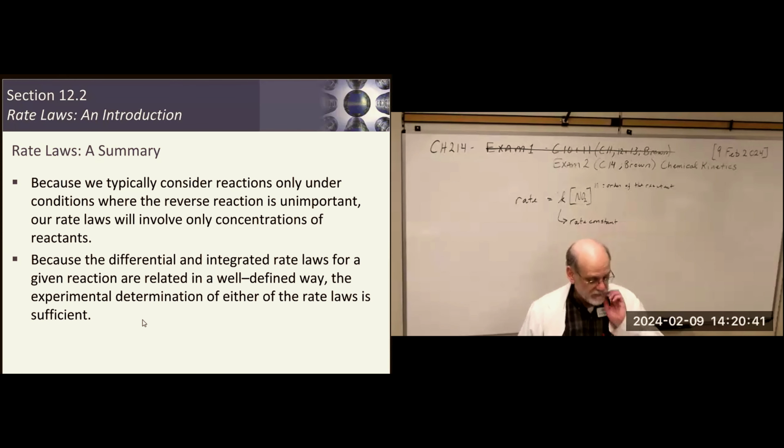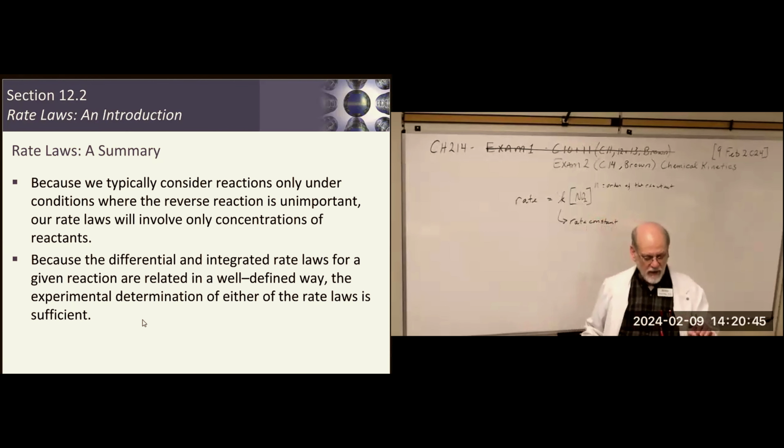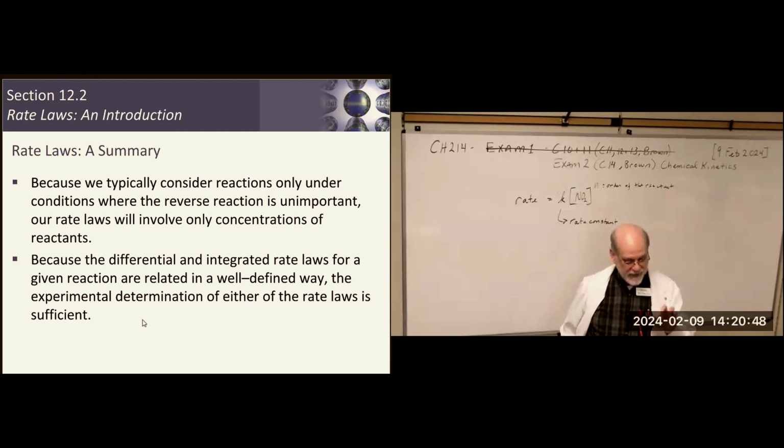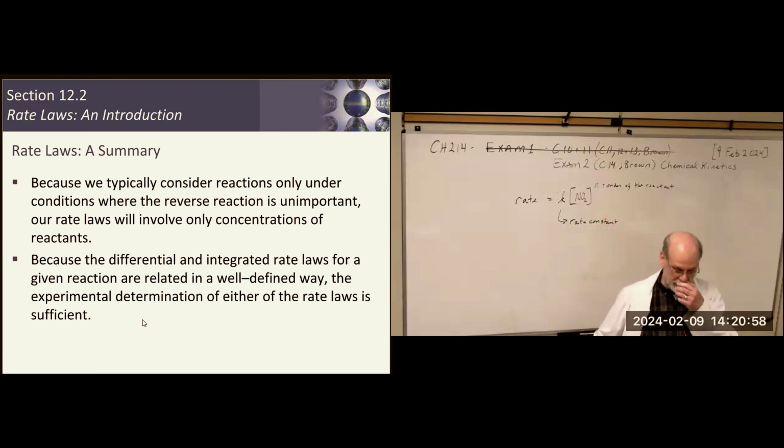Oh, that's a good point. The second point, because the differential and integrated rate laws are for the same reaction and one is derived from the other, if you know the one, then you can derive the other, right? So sometimes it's more convenient to attack the rate law from the integrated side and then deduce the differential equation.